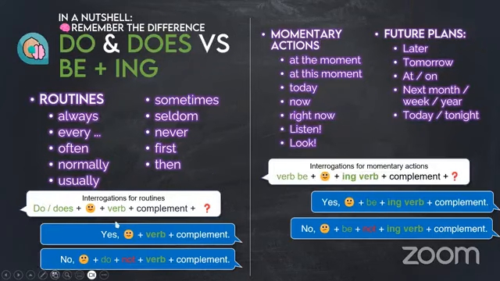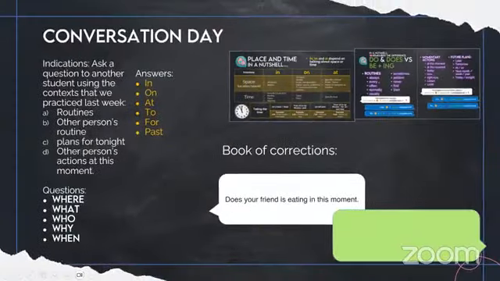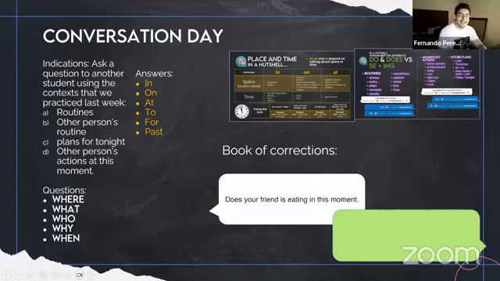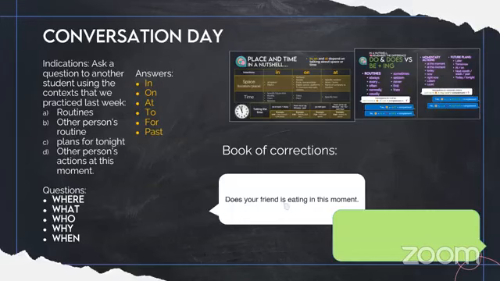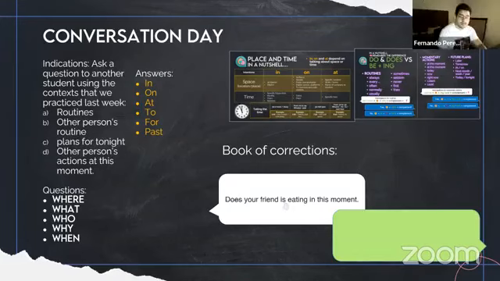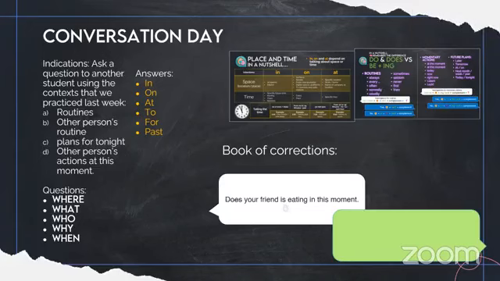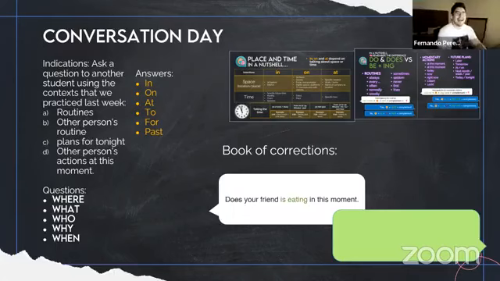Okay, my question would be the verb to be. But look, you have the verb to be. So you are correct, but the position is different. Okay, is your friend? Perfect.